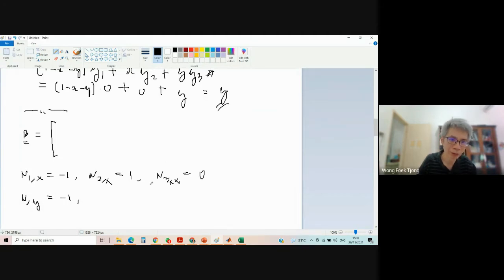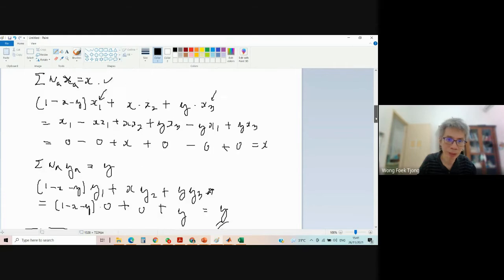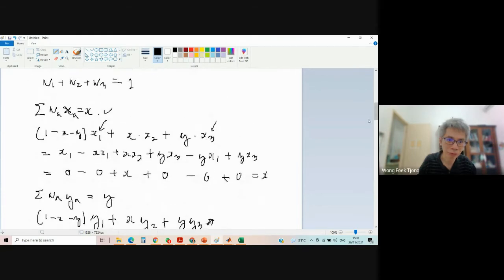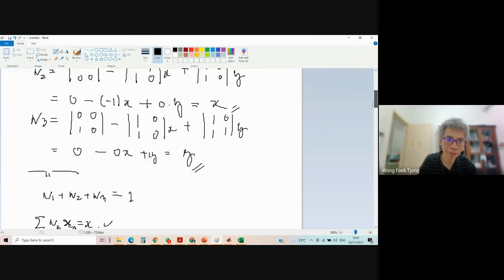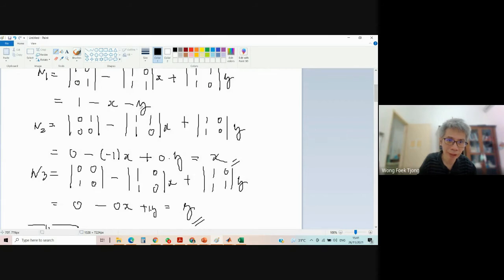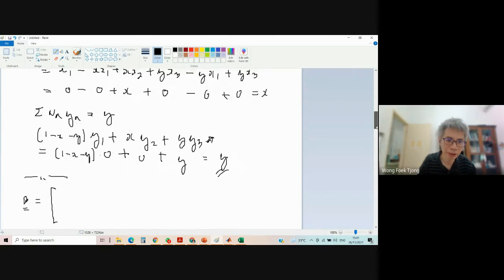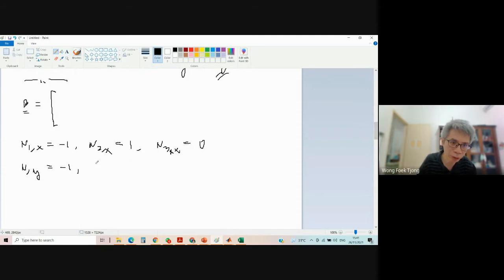The partial derivative of the second shape function with respect to y is 0 because this is x. The partial derivative of the third shape function with respect to y is 1.